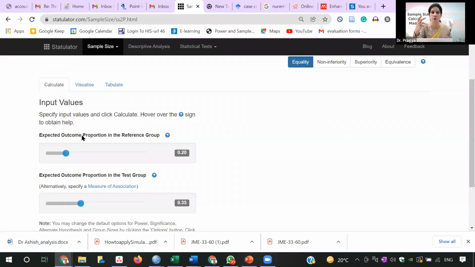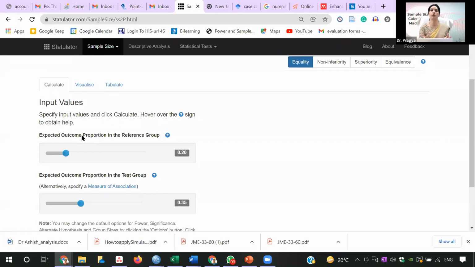It doesn't know that you have to say that outcome in this case is exposure. The expected outcome proportion is in the reference group, and your reference group is the control group here. So the outcome is the diastolic blood pressure, meaning exposure is the outcome here.